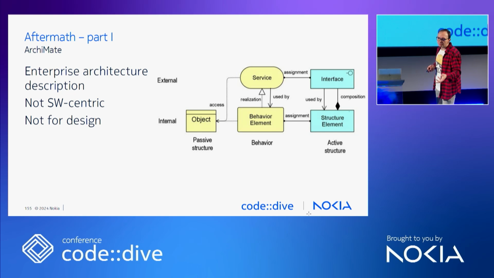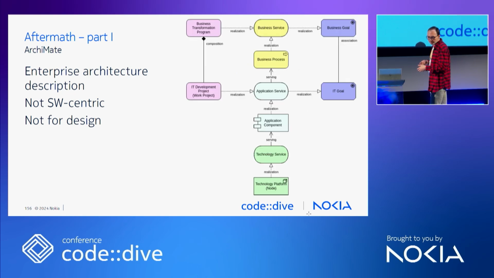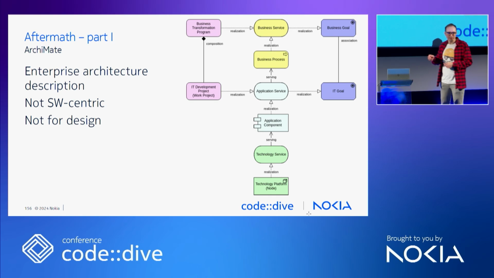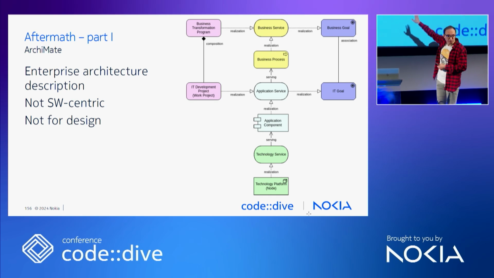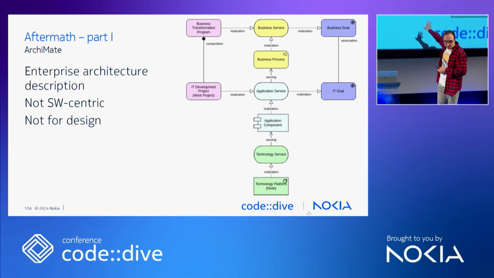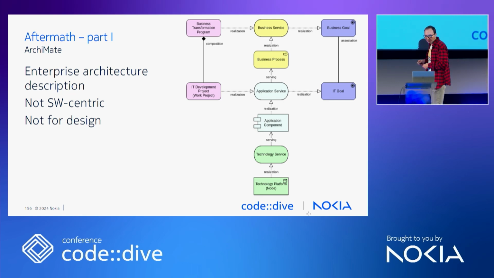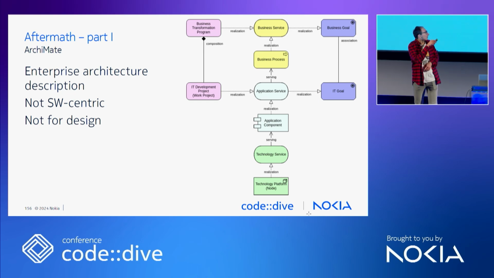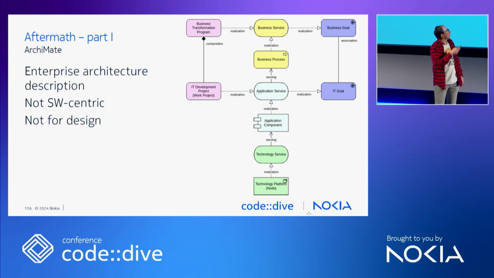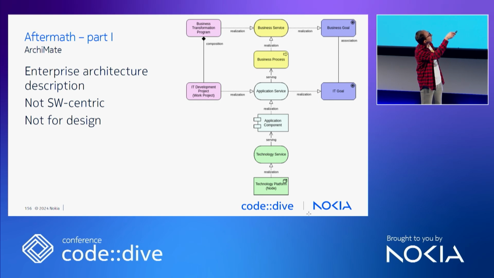You can do different types of diagrams in Archimate. This is so-called generic diagram, and this is actually everything, everywhere, all at once, on all three levels defined in Archimate. The highest level is business level, then you have the middle level, the application level, and on lowest level you have a technology level. And this upper level, this business level, is not software.